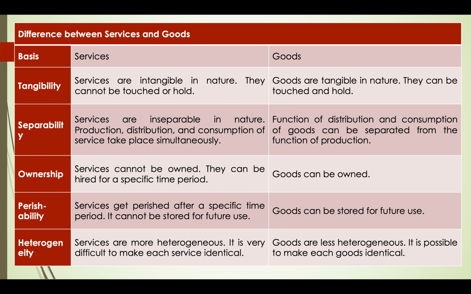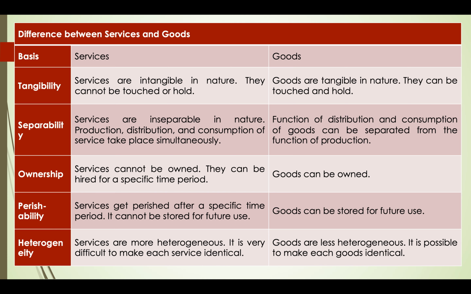Heterogeneity. Heterogeneity means the services are heterogeneous. They can't be identical. It is very difficult to make very identical services. You go to a saloon, one time you have one hairstylist, another time you have a different hairstylist.